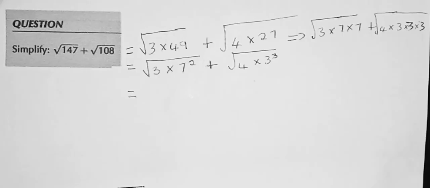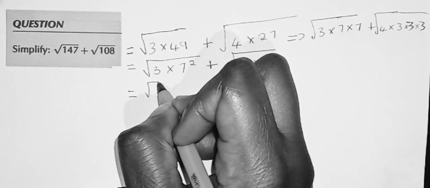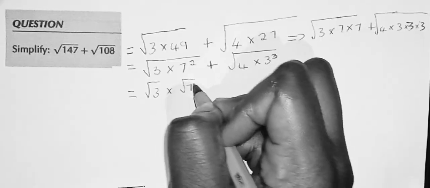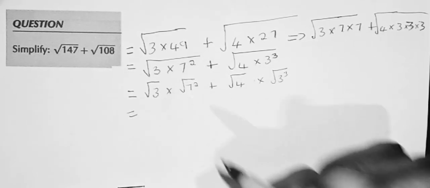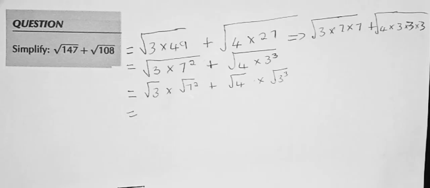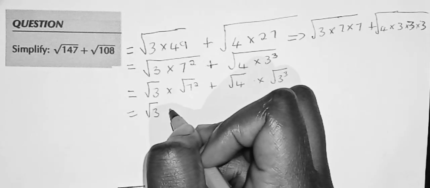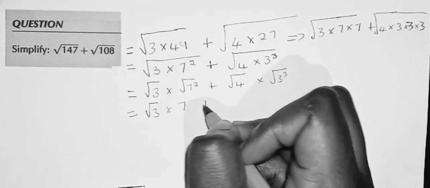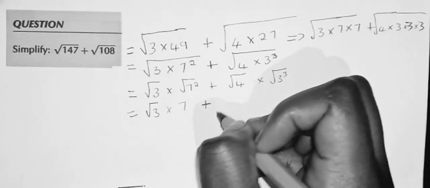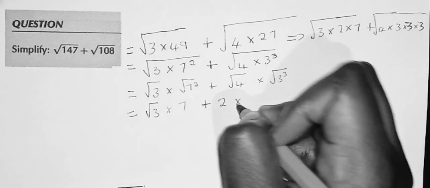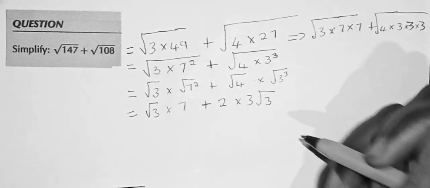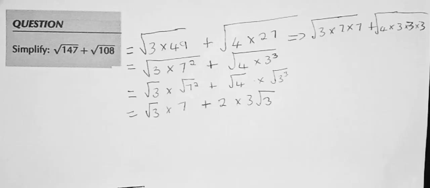So what's going to happen is: first put this one, which is 3 times square root of 7 squared, plus 4 times square root of 3 cubed, which will give us 3 times 7 plus square root of 4, which is 2, times 3, and then square root of 3.